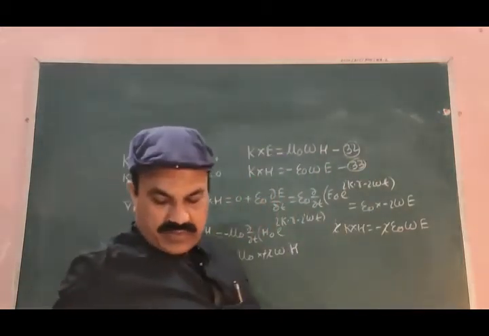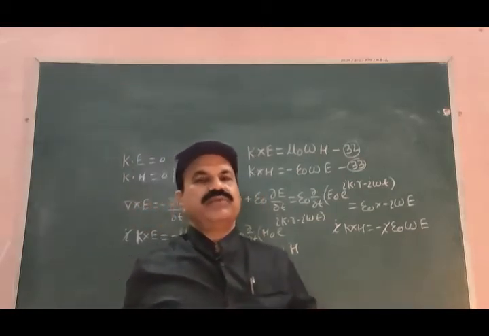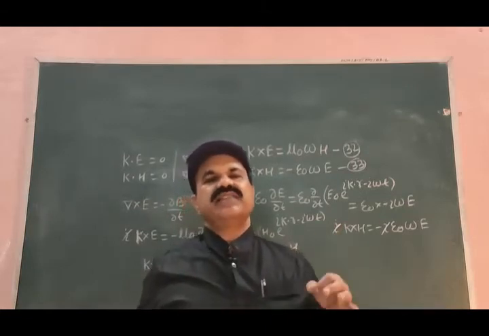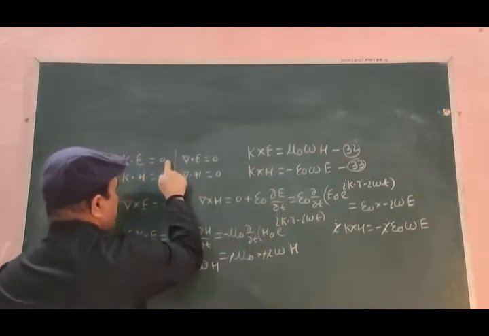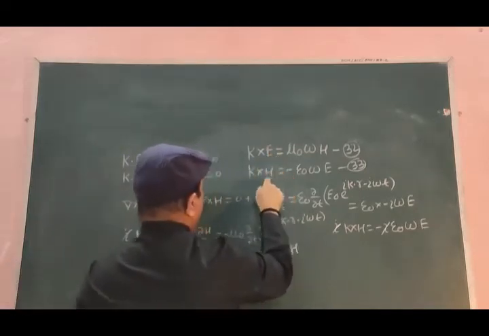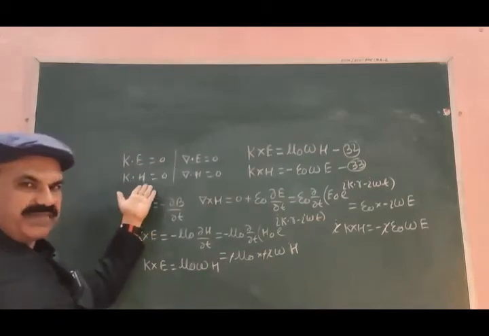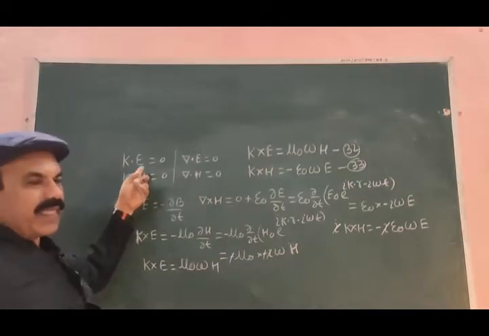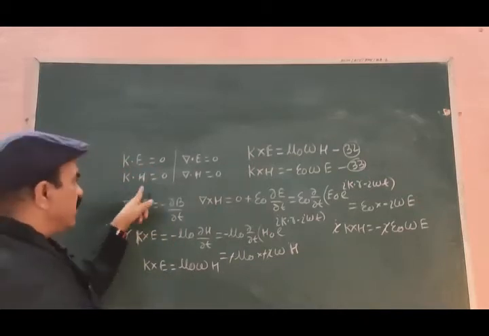So putting the restrictions of first, second, third and fourth Maxwell's laws of electromagnetism, we got this equation, this equation, this equation, this equation. We have seen what is the interpretation of this equation and what is the interpretation of this equation. Interpretation of this equation is K and E are perpendicular to each other.